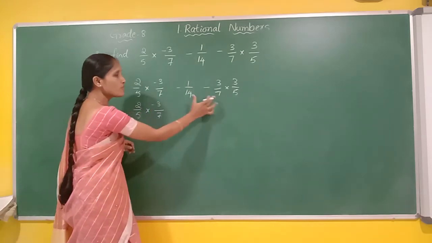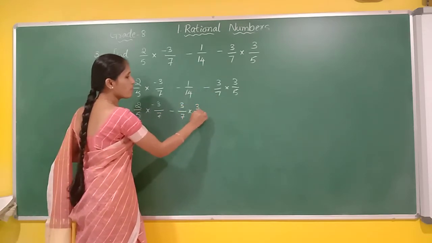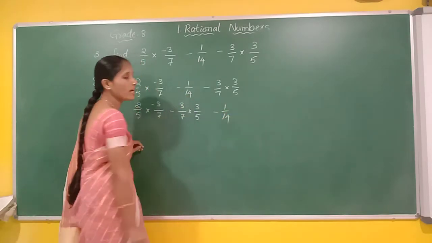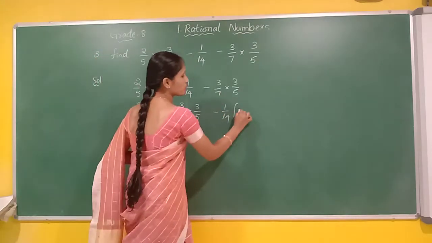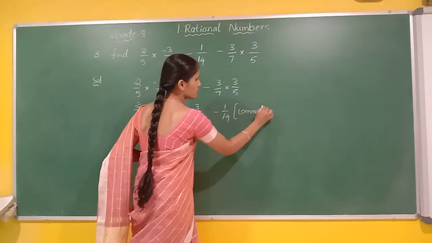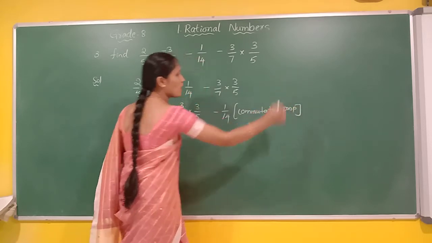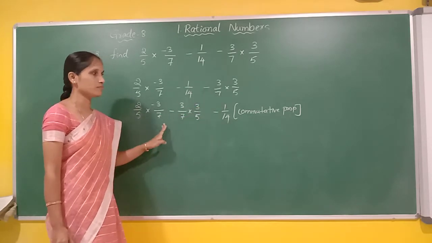Interchanging these two terms, write first this term, minus 3 by 7 into 3 by 5, then minus 1 by 14. Interchanging these two terms using the commutative property.